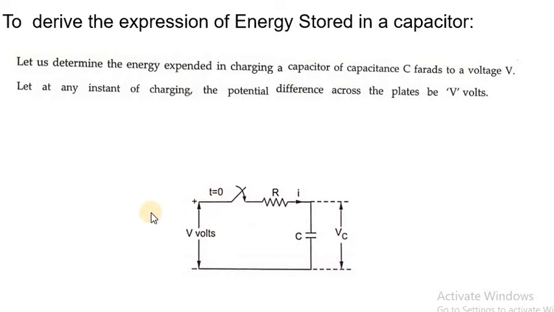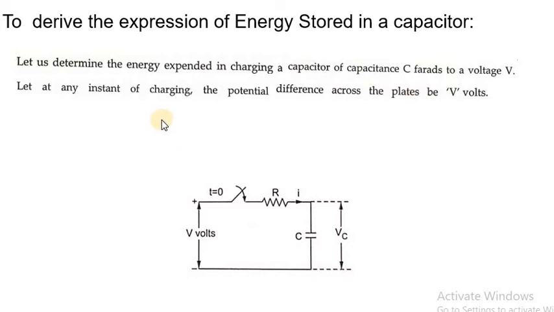Now this total supply voltage V is applied to this RC series circuit. So total supply voltage V will get divided into two parts. One part is the potential drop across R, that is VR, and another is the drop across C, that is the voltage across the capacitor, VC. What is the meaning of this?